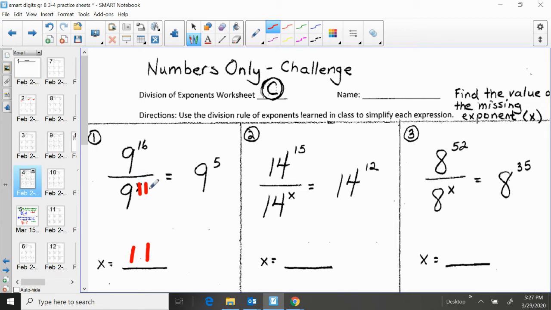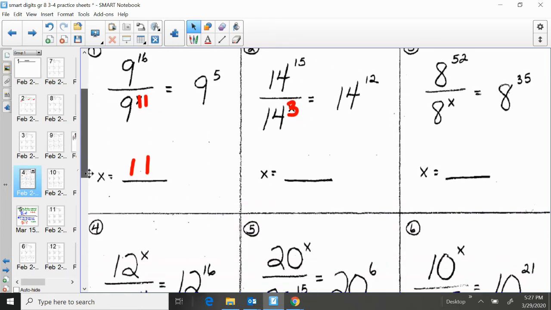That's how I can find my missing number. That's even a better way than thinking, but I can try it either way. I know that has to be a what? 15 minus 12. That's a 3. So in my exponent, it's a little big. I should have probably made that 3 a little bit smaller. So that's how you're going to do that.